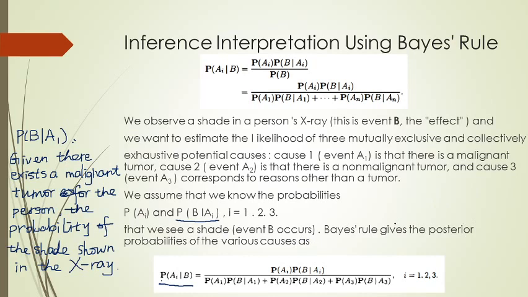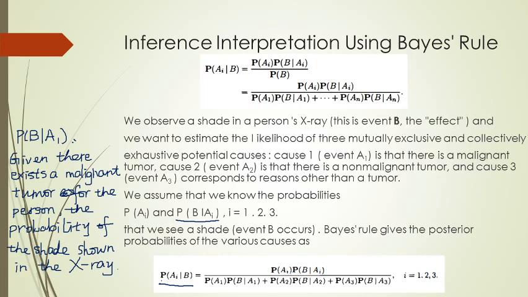Because when the doctor makes a decision, how can they make a decision? Sometimes they don't know whether it is actually a tumor or not. They just check the results. They just check the X-ray for the patient, whether there is a shade.